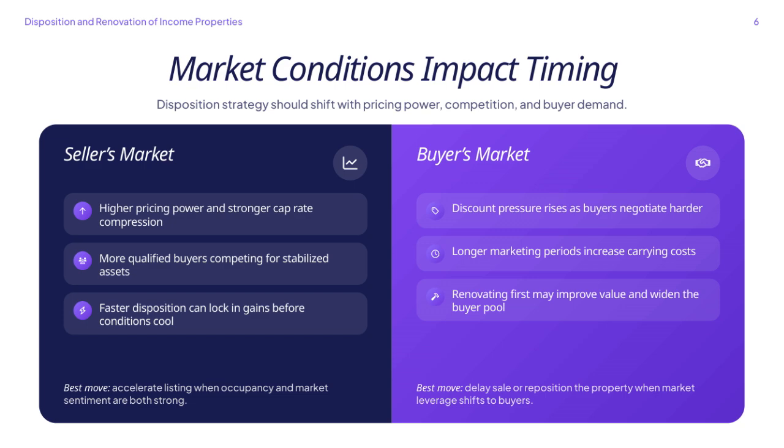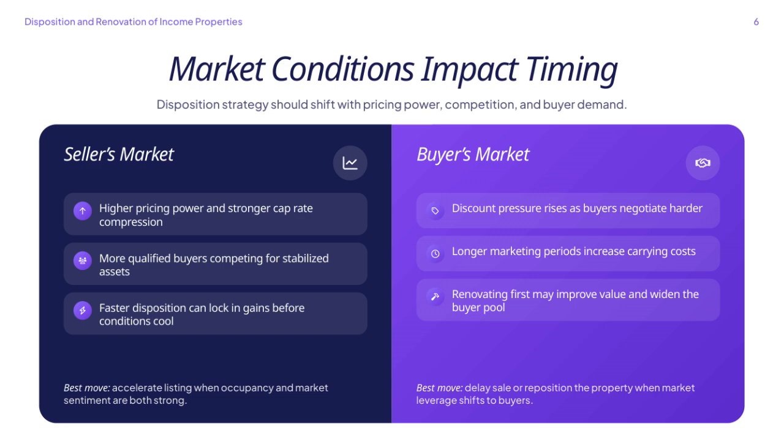On the other hand, in a buyer's market, the dynamics shift significantly. Buyers have more leverage, so discount pressure increases as they negotiate harder. This usually leads to longer marketing periods, which can raise carrying costs. In such conditions, it might be wiser to delay the sale or consider repositioning the property through renovations.